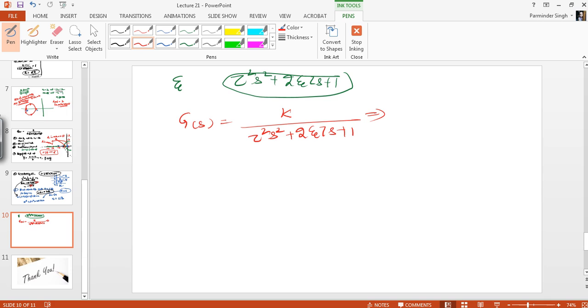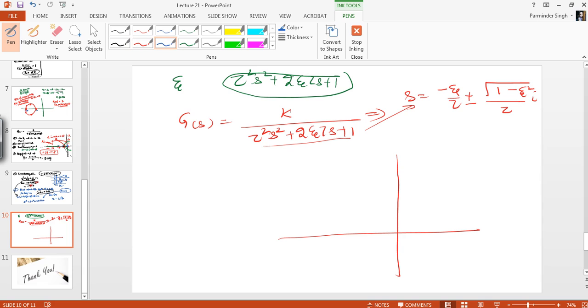In the denominator term, the roots are minus zeta by tau plus minus the square root of 1 minus zeta squared by tau, times j. Clear? The roots of the denominator are these. Now if we plot these in the complex plane, from this part to this part it is minus zeta by tau, the real part, and from this part to this part is the imaginary part, which is the square root of 1 minus zeta squared by tau.